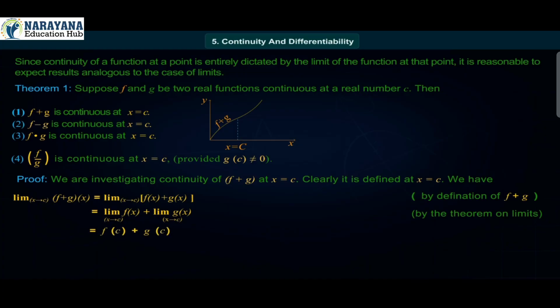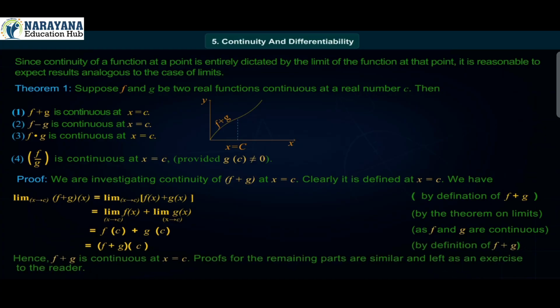This is equal to f(c) + g(c), as f and g are continuous, which is equal to (f + g)(c) by definition of f + g. Hence, f + g is continuous at x = c. Proofs for the remaining parts are similar and left as an exercise to the reader.